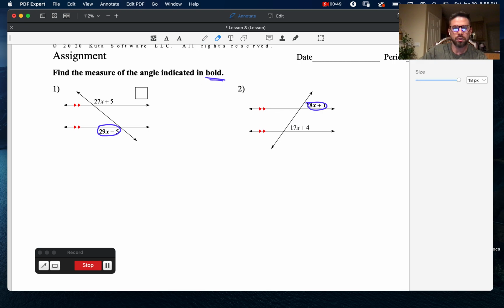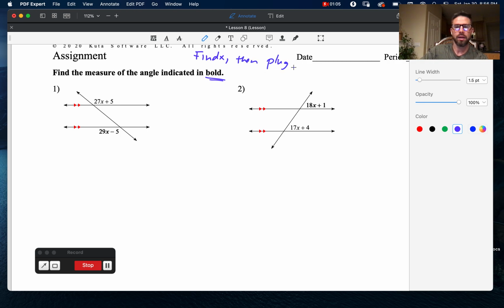So what they want you to do is find the measure of the angle. The first thing you have to do is find x. Then plug it in. So find x, then plug it in. That's what we're doing.